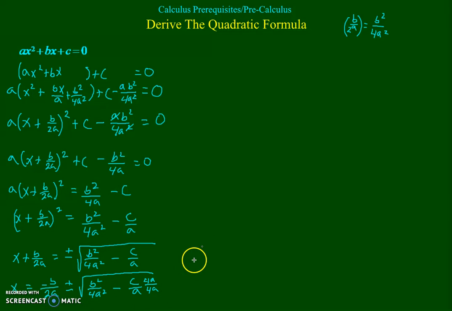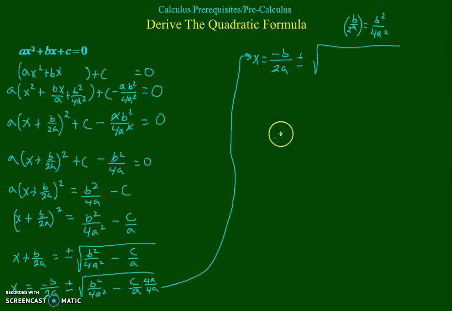So let's go ahead and do that, and we'll wrap that up here. That gives us x equals negative b over 2a plus or minus the square root. What we have is this term: b squared over 4a squared minus 4ac, that's 4ac all over 4a squared.